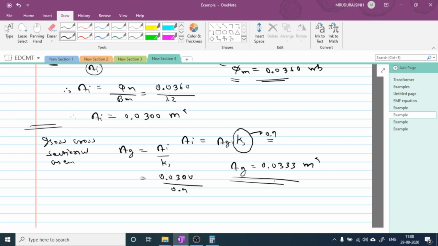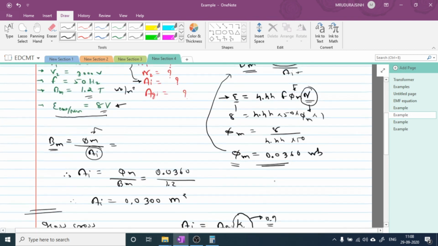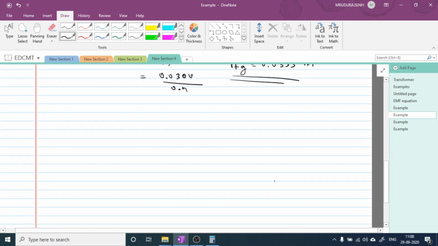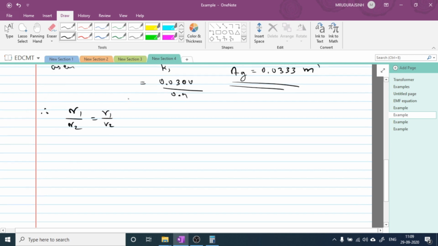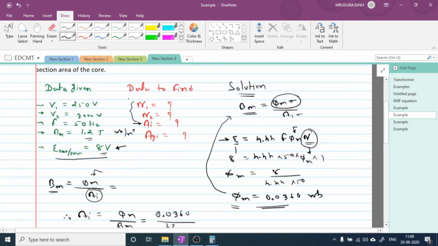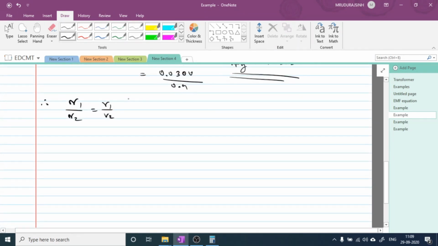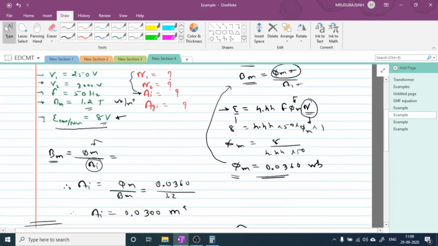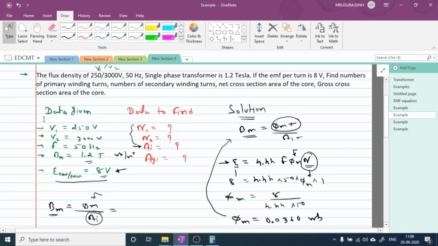Now we want to find the N1 and N2. So to find this thing, we have the equation N1 by N2 is equal to V1 by V2. So the value of primary and secondary voltage we know, but none of the turns quantities we know. We don't know N1, and we don't know N2. So now how can we find this N1 and N2? From this data, again we are going to use this thing.